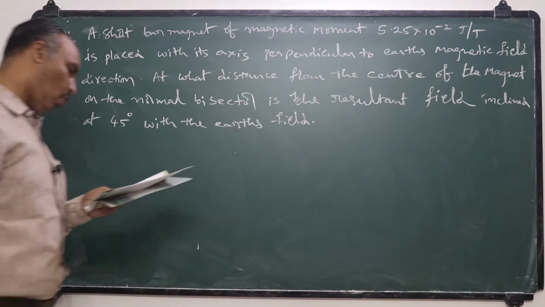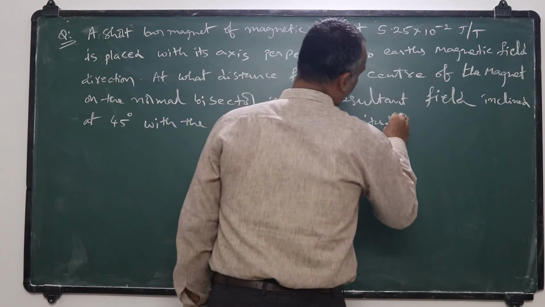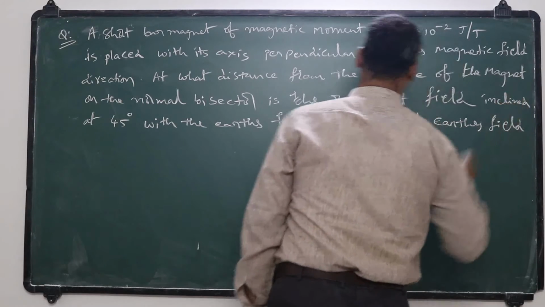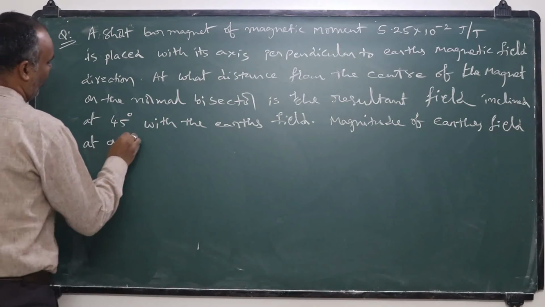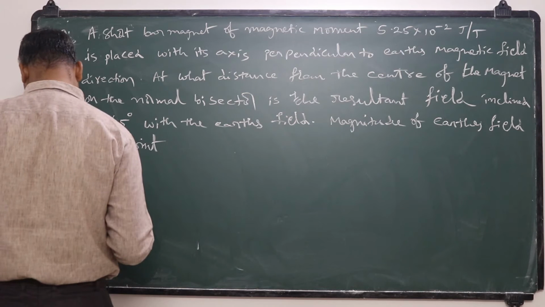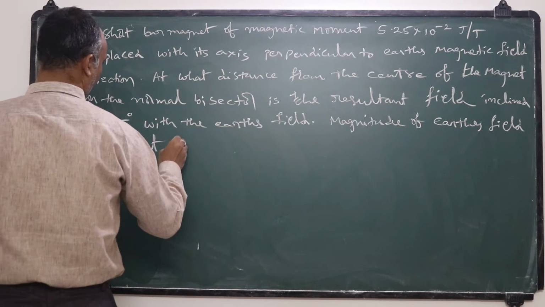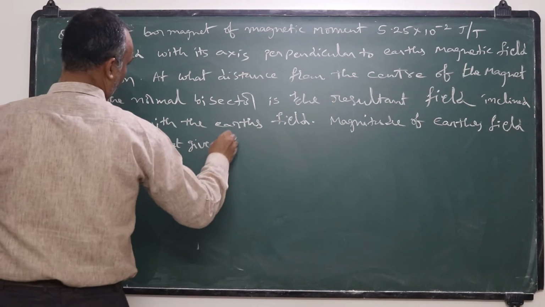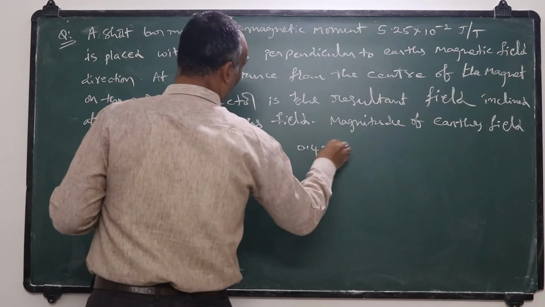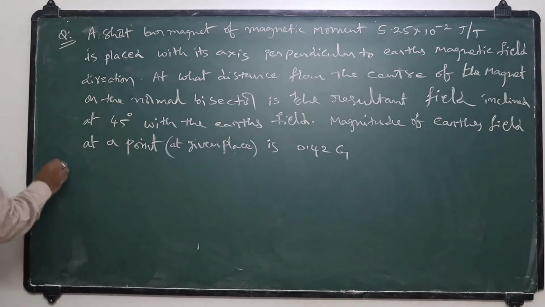Magnitude of Earth's field at the given place is 0.42 Gauss. So this is the question. For this we need to do the solution.